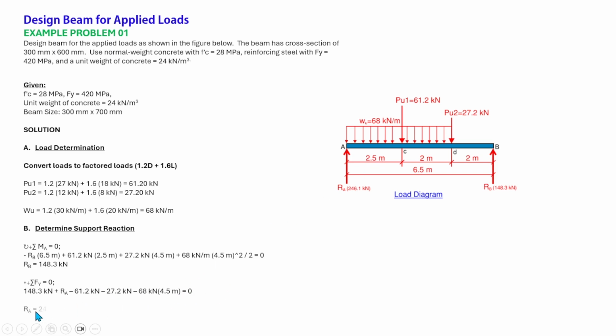So RA is equal to 246.1 kilonewton. Now we have determined the reactions at the supports. We can now proceed to draw the shear diagram.